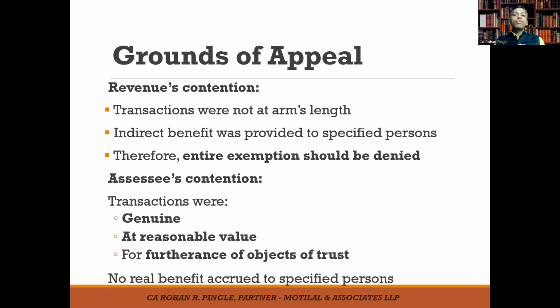Moving further, let's see the grounds of appeal. The revenue's contention was that the transactions were not at arm's length, indirect benefit was provided to the specified persons, and therefore the entire exemption should be denied. Whereas the assessee contended that the transactions were genuine, at reasonable value and for furtherance of the objects of the trust, so no real benefit accrued to the specified persons.